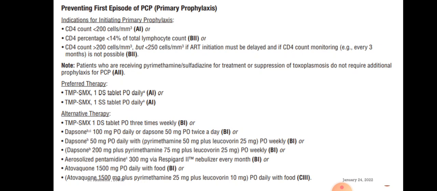As I mentioned, cotrimoxazole 1 DS tablet PO daily is recommended. Alternatively, one cotrimoxazole single strength tablet can be used, or 1 DS tablet orally thrice a week. Dapsone can also be used.